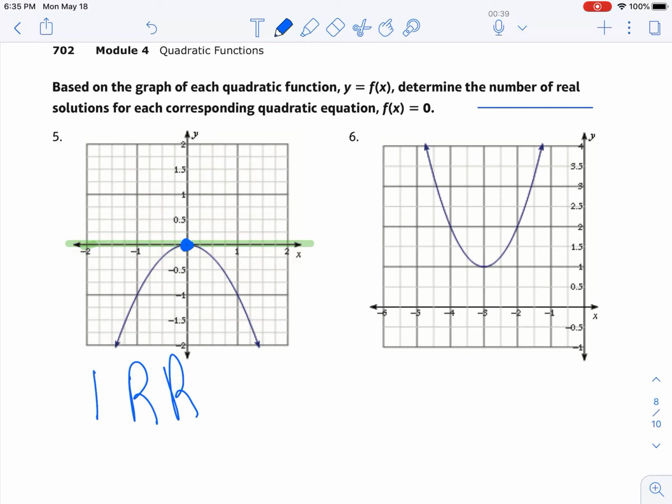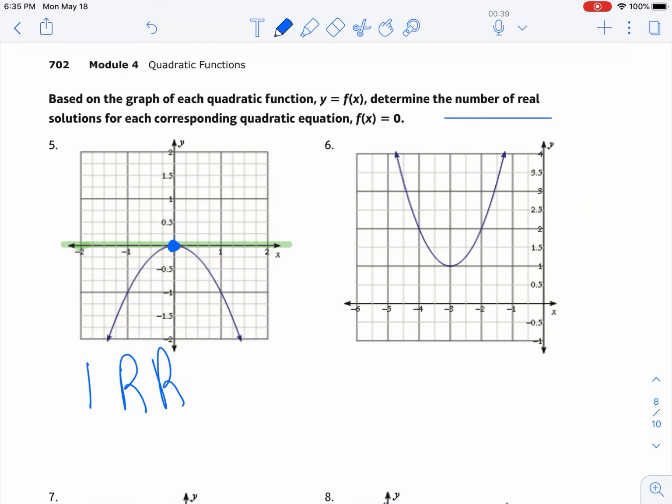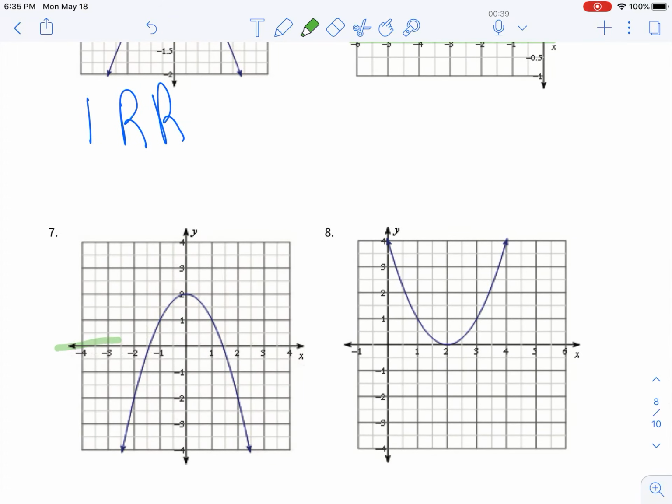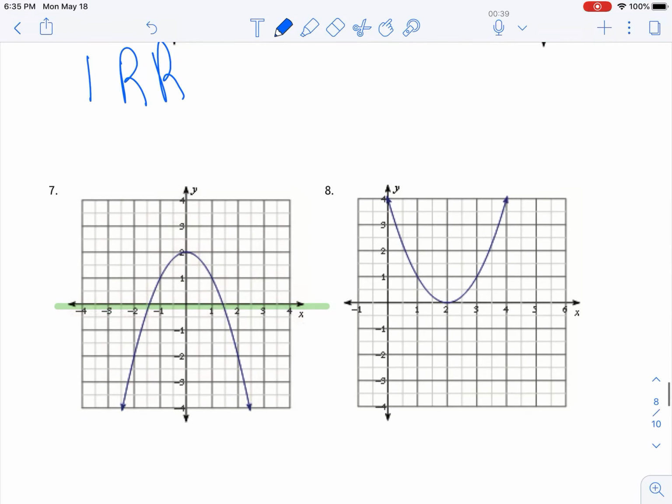You don't have to tell me what it is. Here, you want to ask yourself, does the graph touch the x-axis? And if it doesn't, what does that mean? Here's your x-axis. Again, does your graph touch the x-axis, and at how many points? And lastly, does the graph touch the x-axis and how many times?